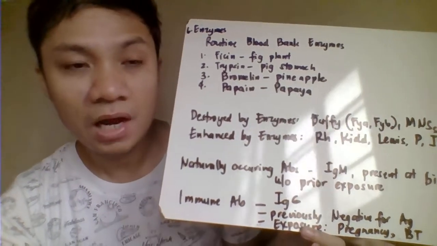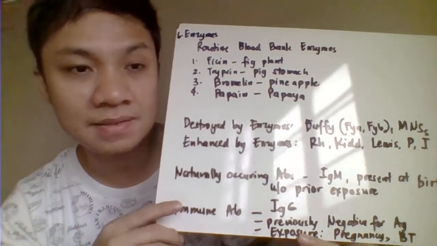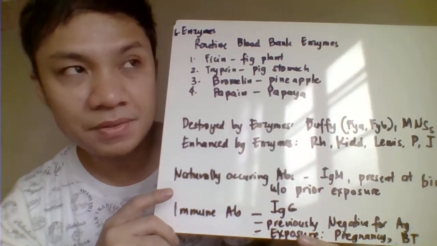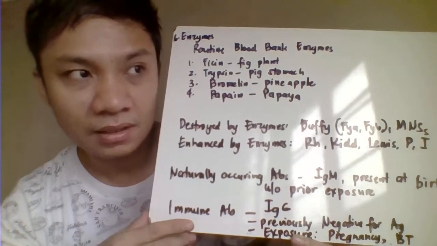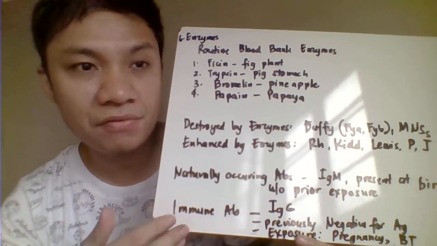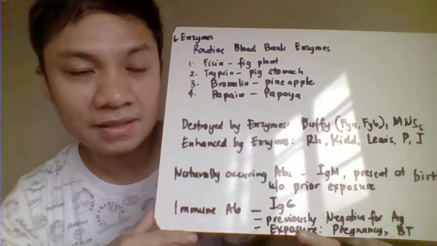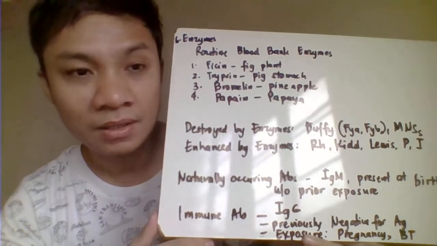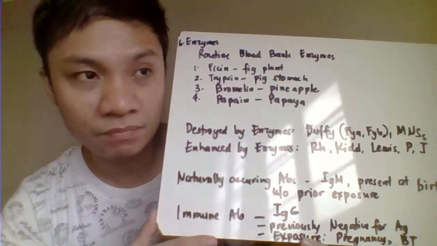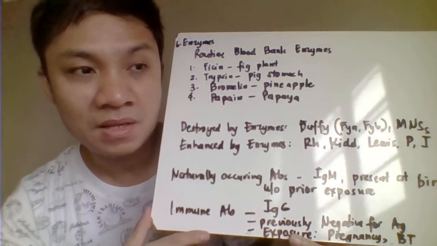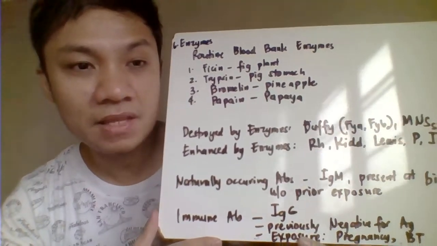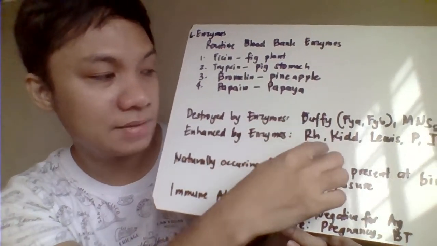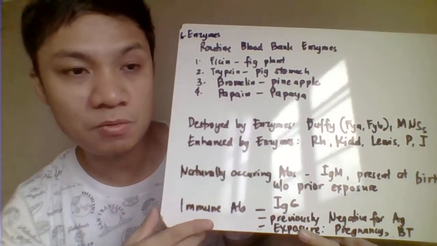How would you know here if it was destroyed or enhanced? So, for example, if you are suspecting the presence of a blood group antibody, and then you add an enzyme, after addition of that, try to test again. After testing, or after addition of your enzyme, if the reaction is still there, it means that the effect of the enzyme is to enhance the reactivity of that blood group antibody. So if enhanced, just select which among these blood group antibodies.